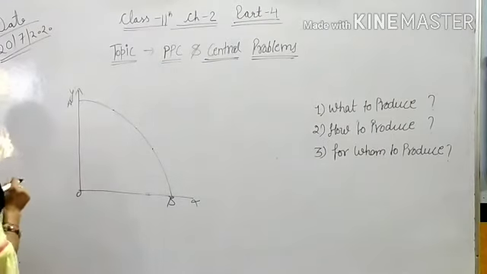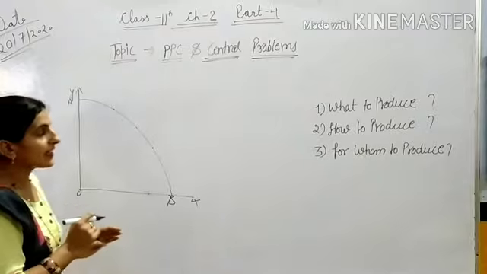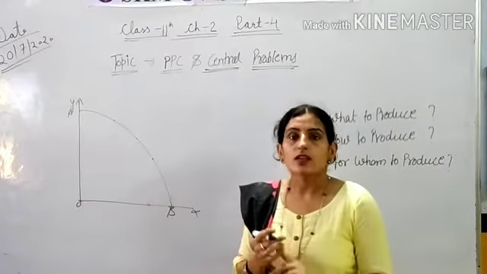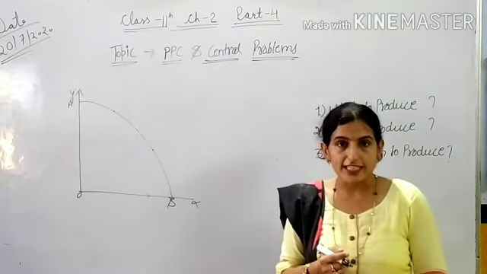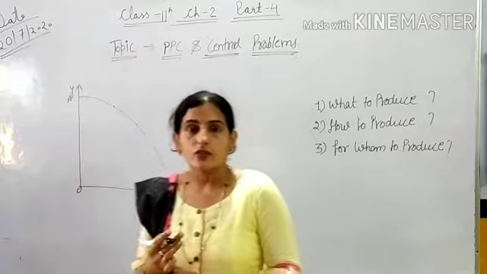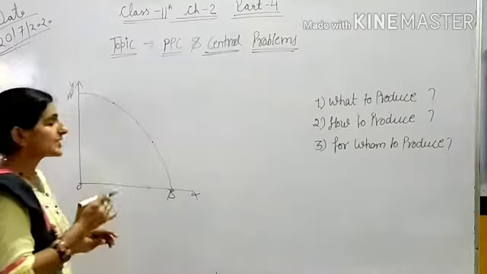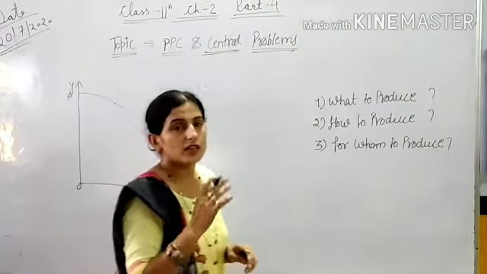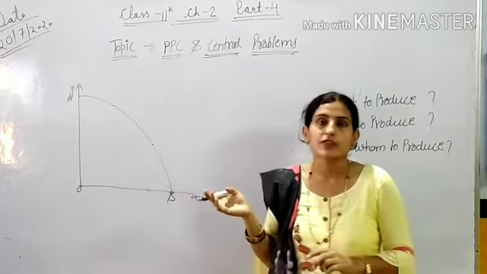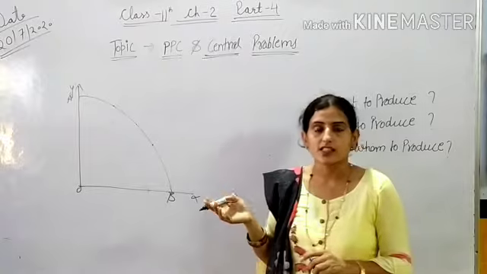So for the growth of the economy, what does a country have to do? It will adopt modern technology and skilled labor in production. For example, take the Skill India Mission program that was started in 2015 or 16.